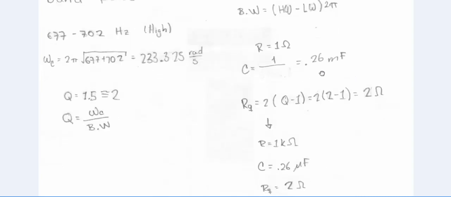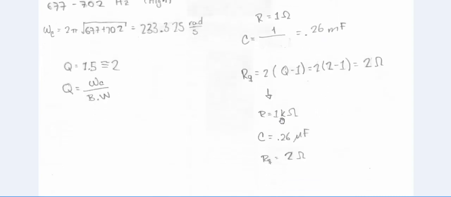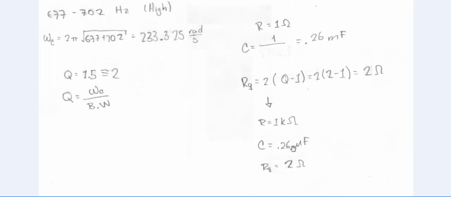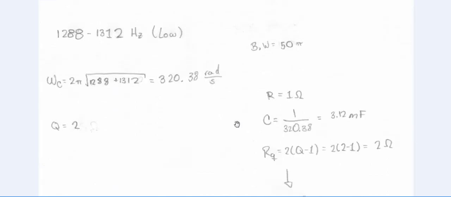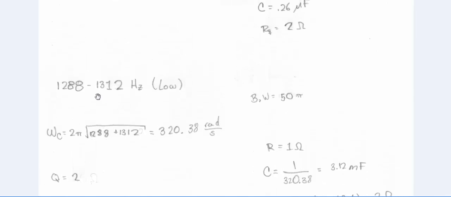So now we change the resistance to 1 kilo ohm, and also the capacitance change to 0.26 millifarads, and the resistance stays the same. And for the case of the low signal, we're going to design another filter that will let pass frequencies between this range.